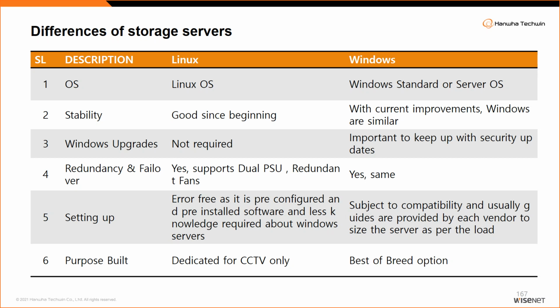Most of them will take it directly from the VMS server because that's the most convenient way of authenticating and pulling the streams. Then there are some who also take it directly from the cameras itself. So we have both options in our video wall concept. You have to just double check with the brand how they want to take the live bandwidth.